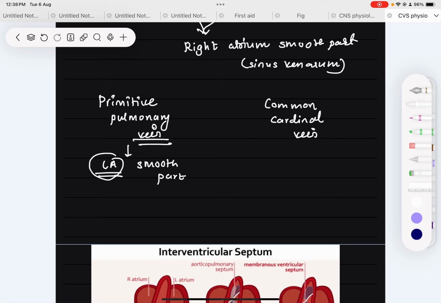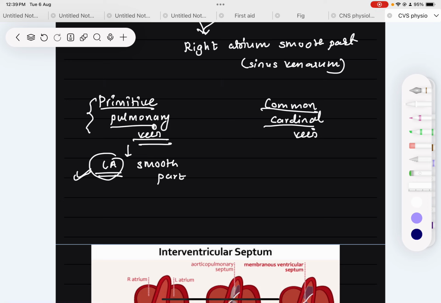Normally pulmonary veins come and drain into the left atrium, and this primitive pulmonary vein is going to form its smooth part.